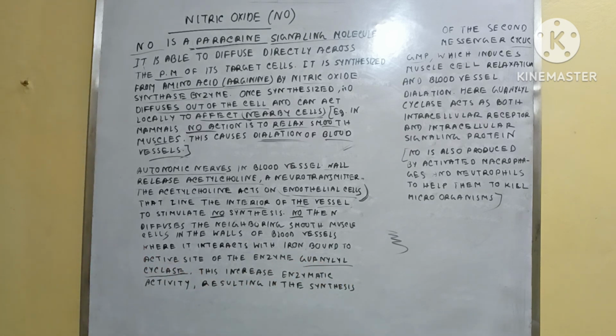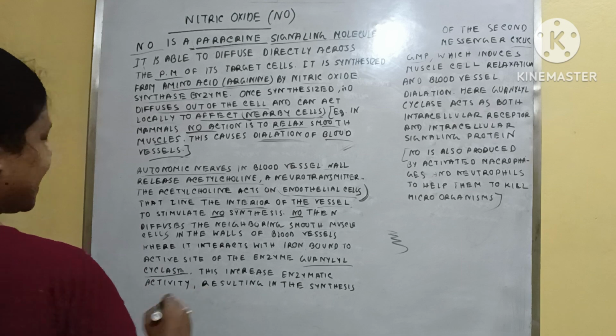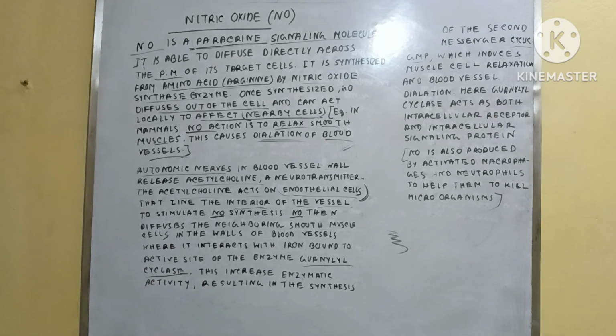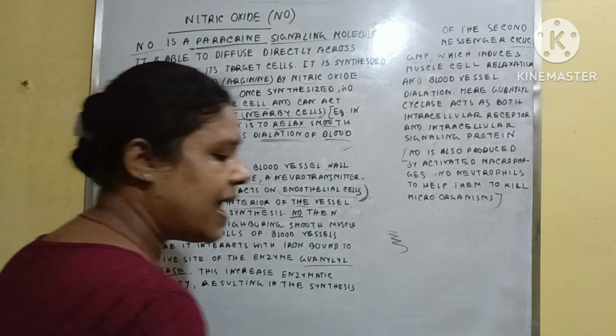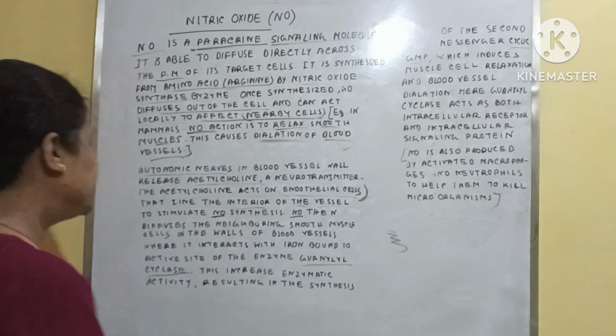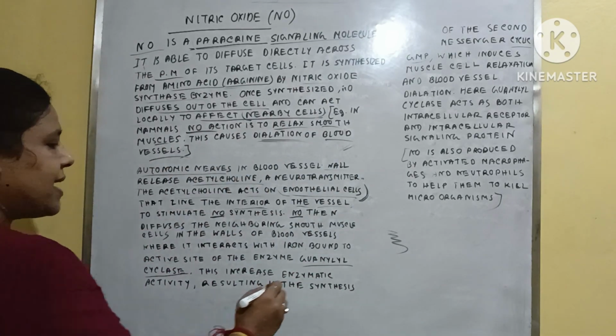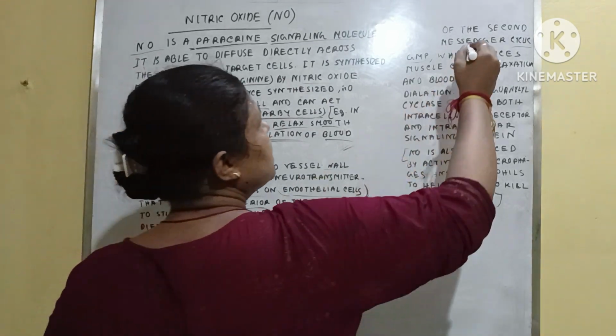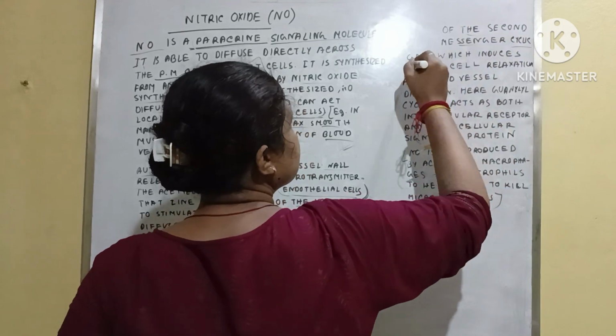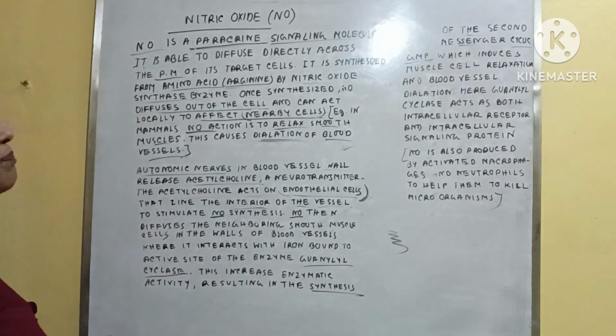With that iron, the NO interacts. Clear? And this increases the enzymatic activity, resulting in the synthesis of the second messenger, that is the cyclic GMP.